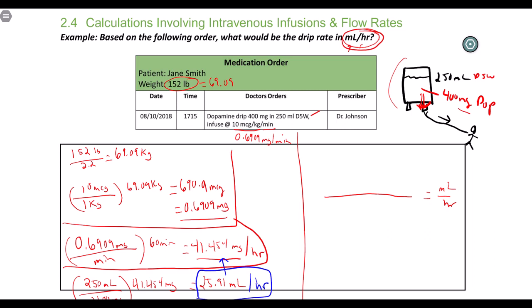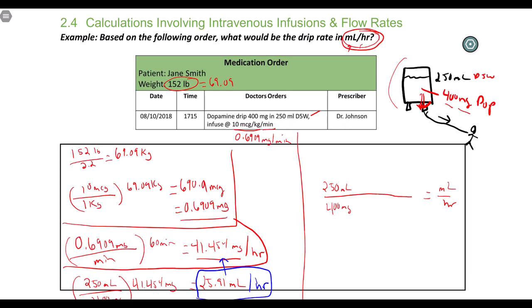I would start with the things that we have, right? So let's start with the IV bag. The IV bag is 250 mLs of D5W and 400 milligrams. So the mLs, the liquid, has to go on top. So I know that there's 250 mLs of the drug has 400 milligrams of the dobutamine.